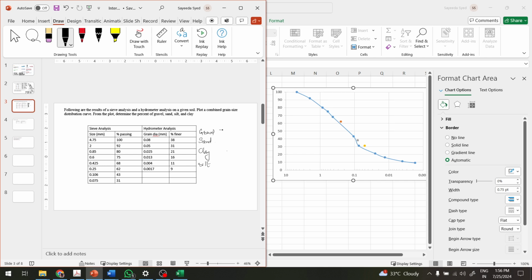Gravel will be greater than 2 mm, we can say, and we will have 0.075, and then we will have less than 0.002. This will be greater than 0.002. So let's draw that in our curve.